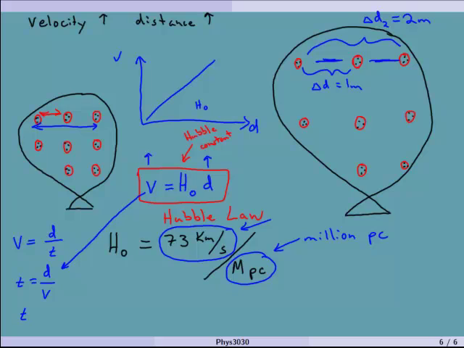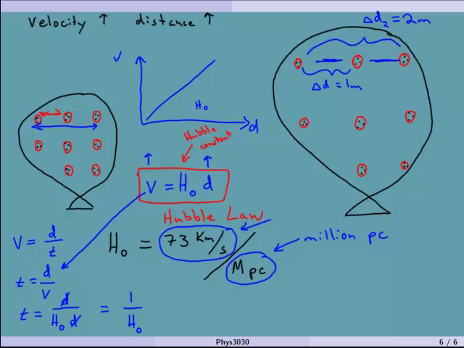And then I get that the time is equal to the distance over the Hubble constant times d, where I've just taken the box in red and put it in as our definition of v, but the d's, they cancel. So I end up getting that some time is equal to 1 over the Hubble constant, the Hubble time. Now, this is a pretty big number, and it talks about the expansion of the universe, okay?